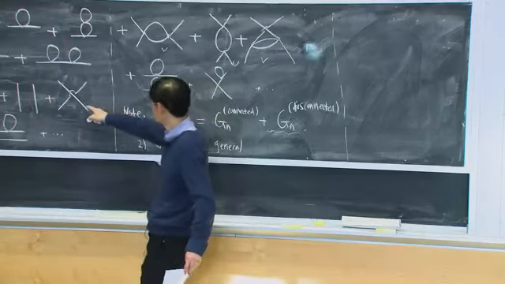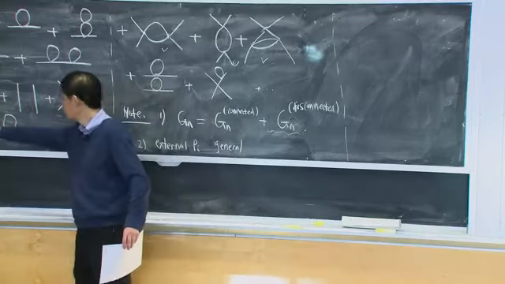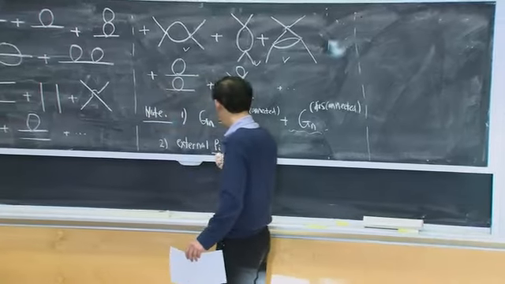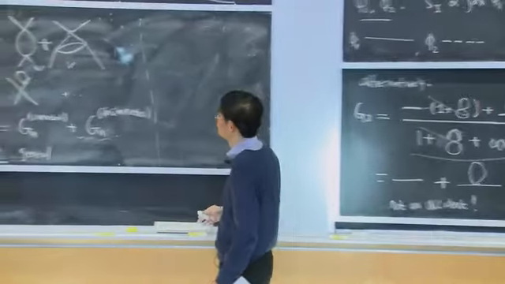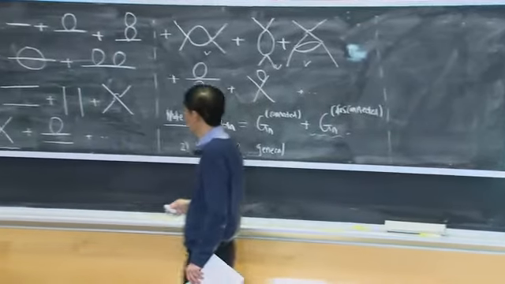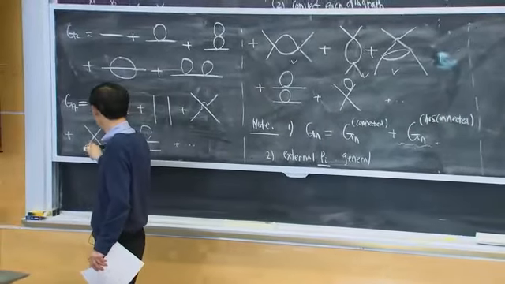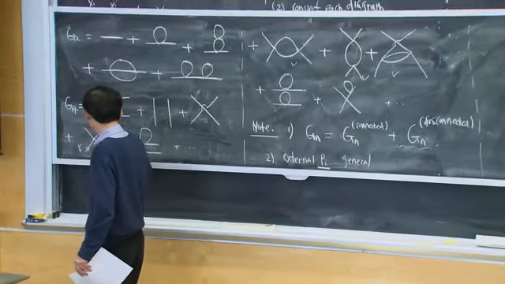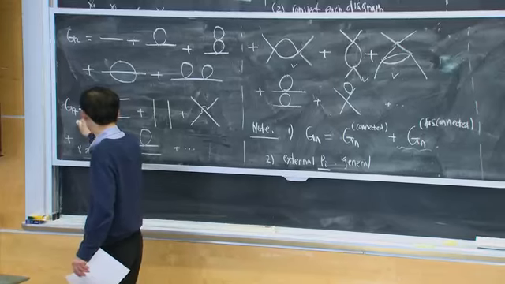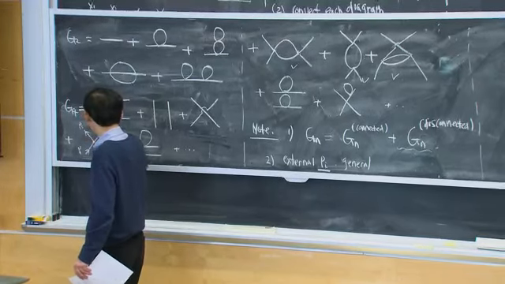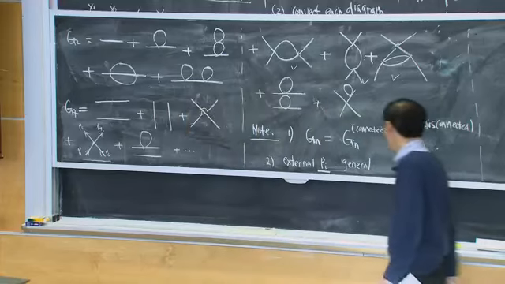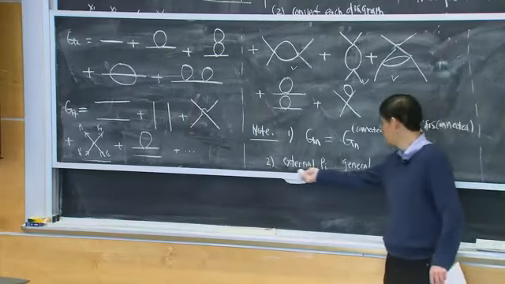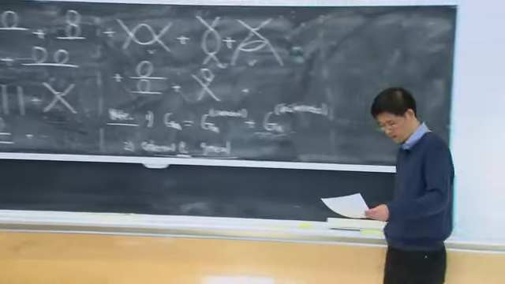Each external line you can assign a momentum p_i, because of the Fourier transform. So for example, here you have p1, p2, p3, p4 in momentum space. Each one you can assign a general momentum, which can in principle be anything.